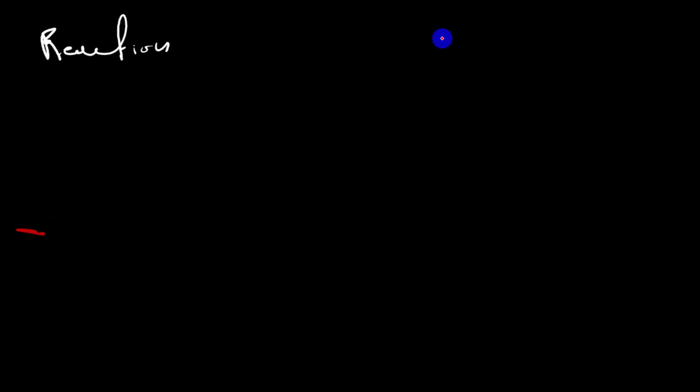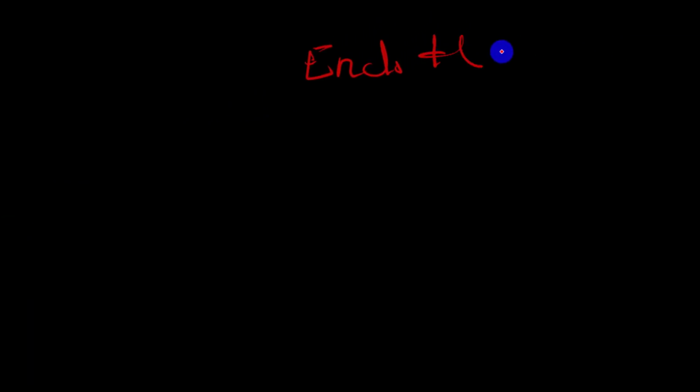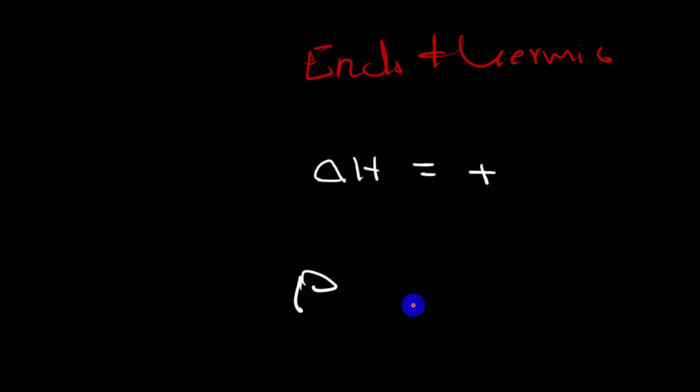But in the endothermic reaction, the enthalpy change is always positive. The enthalpy change is always what? Positive. Because if we subtract a small number from the big one, we always get a positive number.